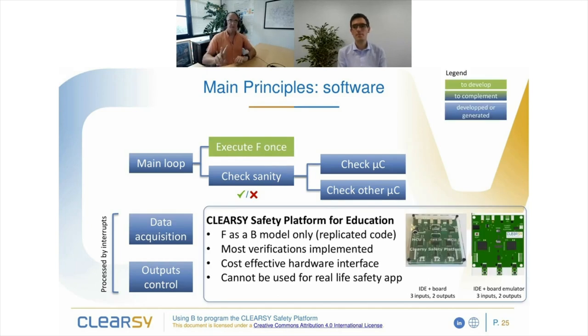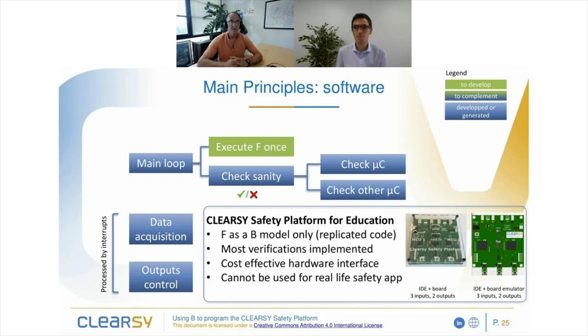So we have two versions, the version for education. Here you have blue boxes representing what has been developed or generated for you, so you don't have to modify or write any of these things. You just have to concentrate on the green box, to develop the function f as a B model only.